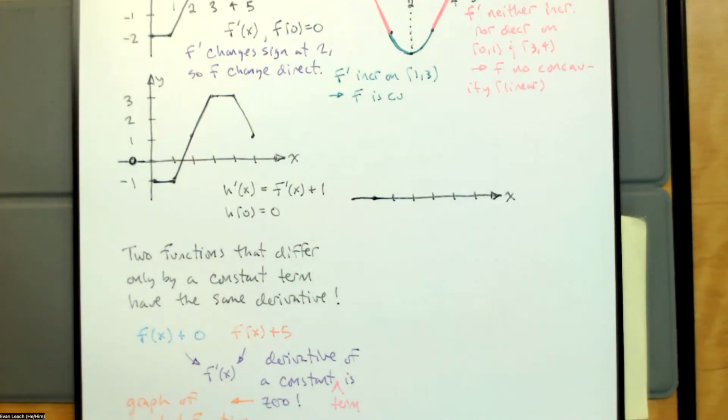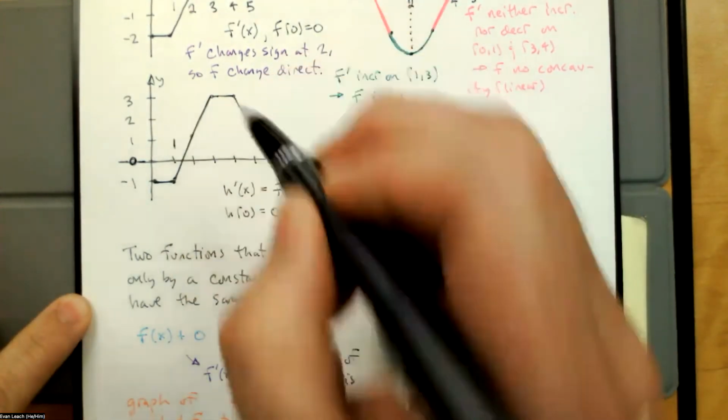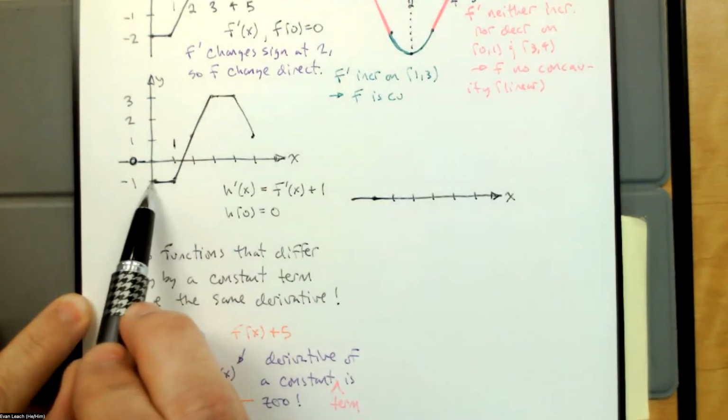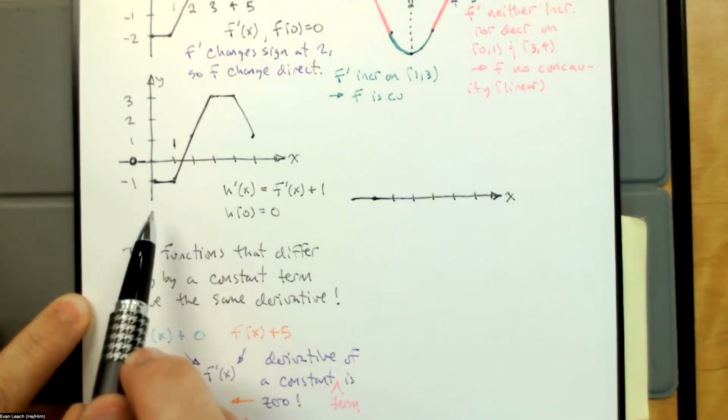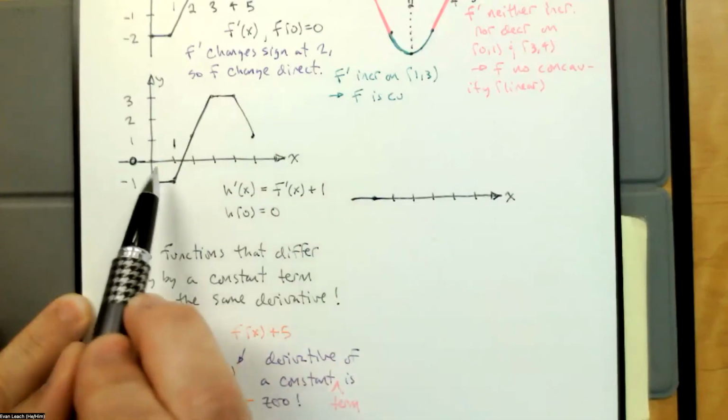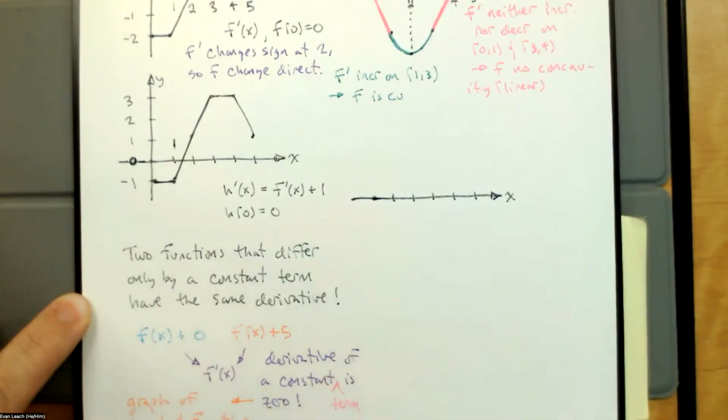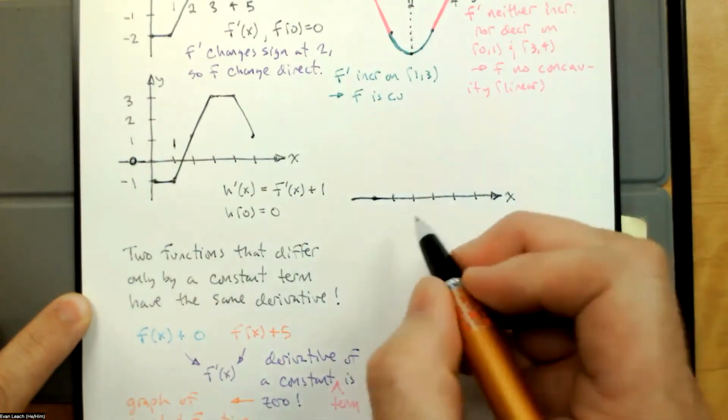So what we're going to notice is that when we look at the interval from 0 to 1 on h prime, the derivative is negative. So we're going to draw a function that decreases. The area is 1, so we draw a decrease of 1.